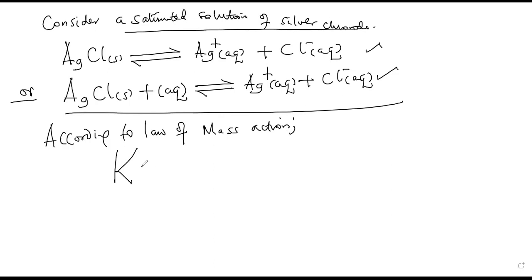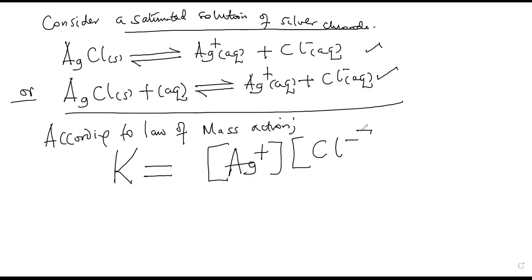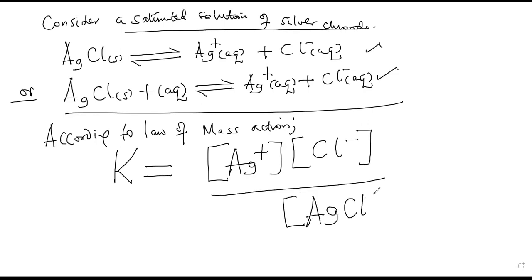So our constant K is equal to the ratio of the ions. If there was any balancing coefficient, you raise it as a power, but since there is nothing here, we shall have it like that: the concentration of silver ion times the concentration of chloride ion. These square brackets represent concentration, all over the concentration of silver chloride.